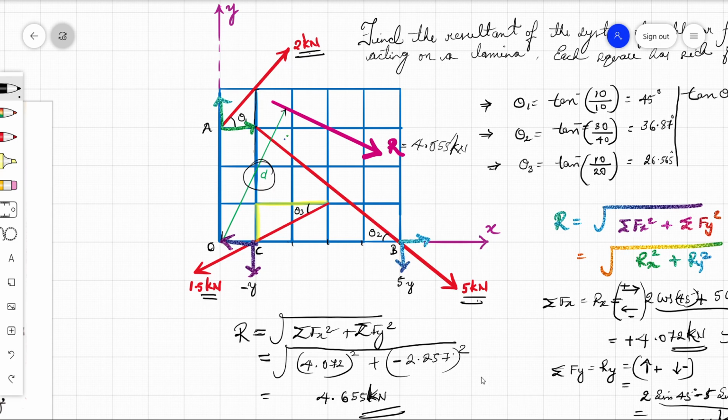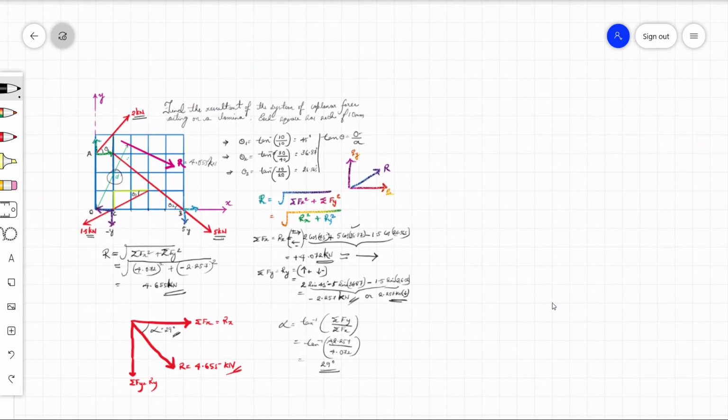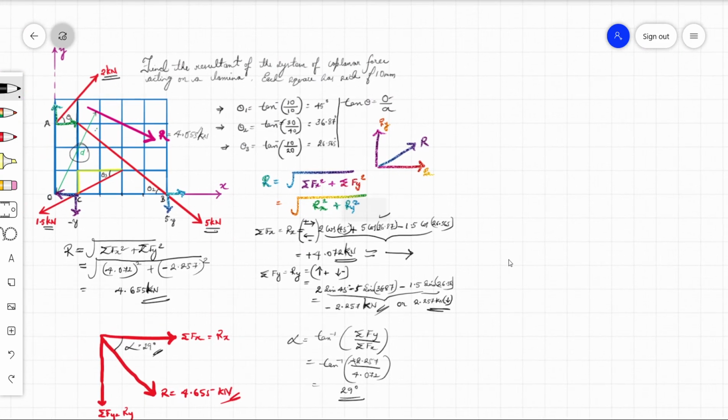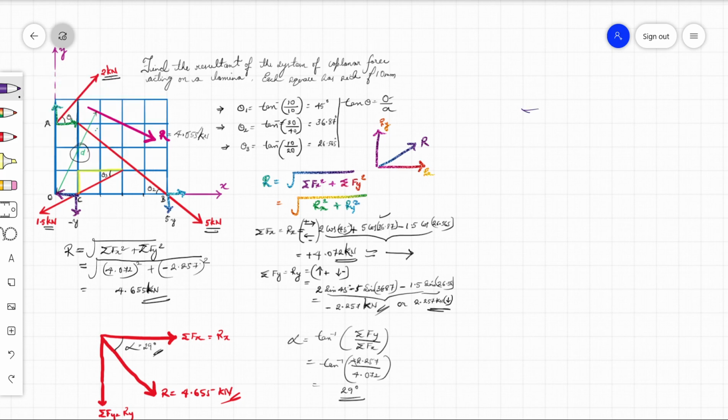So what we do over here is, we do a summation of moments about a point O. We'll take about a point O, okay, and we start calculating the summation. We take every force and its moment, and we find it.